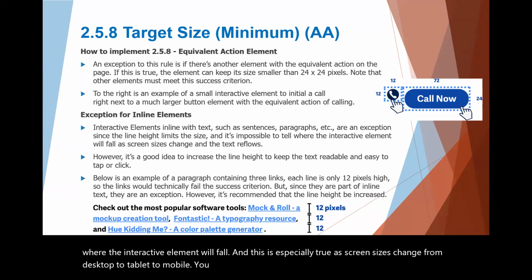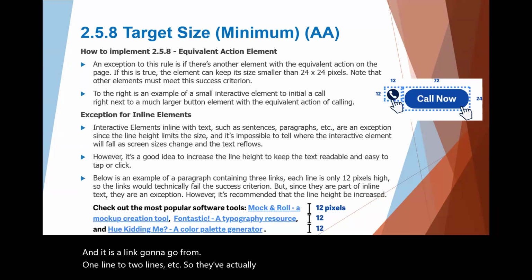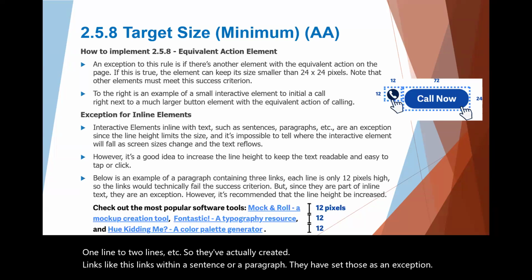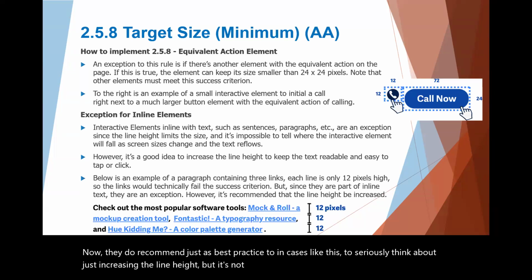You don't know how those links are going to wrap, and is a link going to go from one line to two lines, etc. So they've set links within a sentence or a paragraph as an exception. They do recommend, as best practice, to seriously think about increasing the line height, but it's not required for compliance.